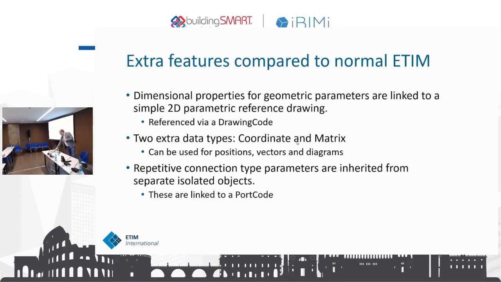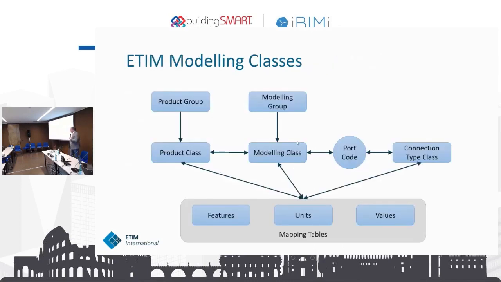So now our model, this is highly simplified again, has changed a little bit. A product can be assigned a product class, but also a modeling class. And modeling classes can have a many-to-many relationship to product classes, because a vessel has a specific shape, but it can be an expansion vessel or a water buffer tank, but they still have the same shape.